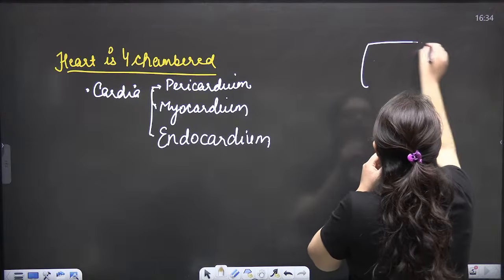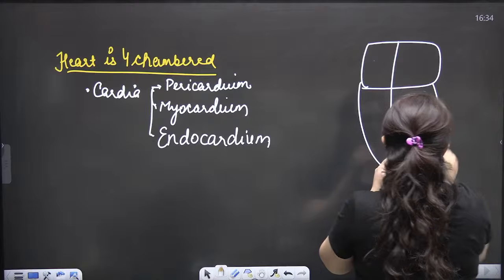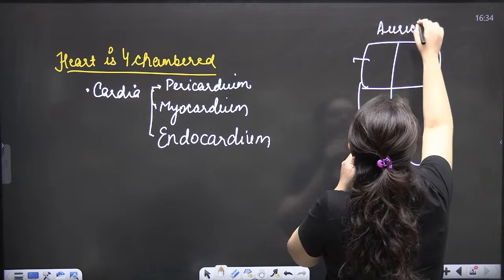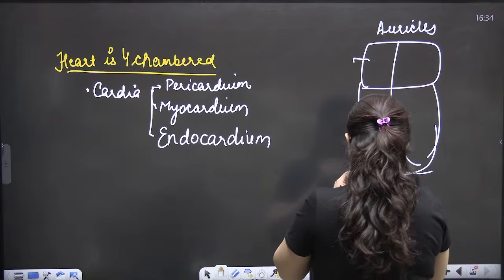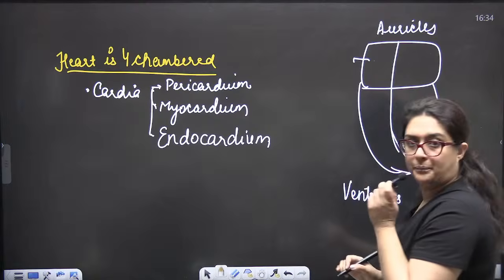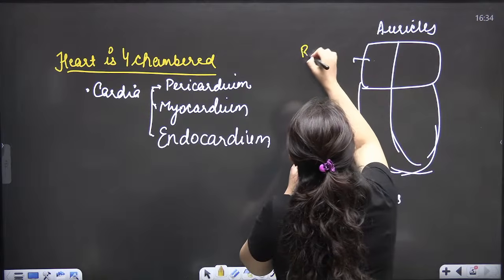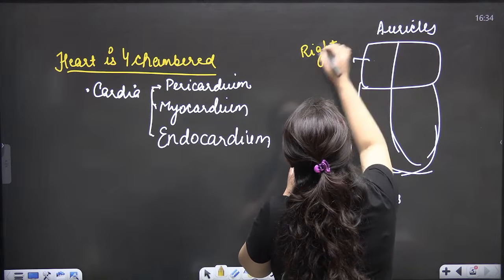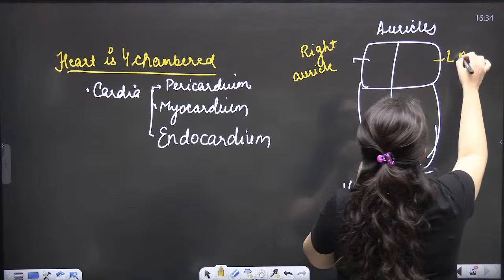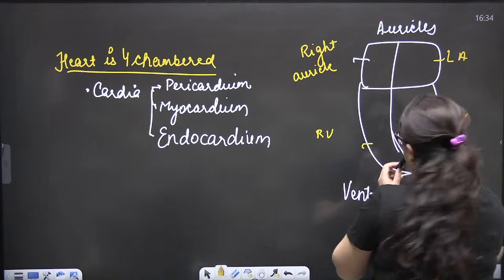Heart is four chambered. Upper chambers auricles, lower chambers ventricles. Here right auricle, left auricle, right ventricle, left ventricle.